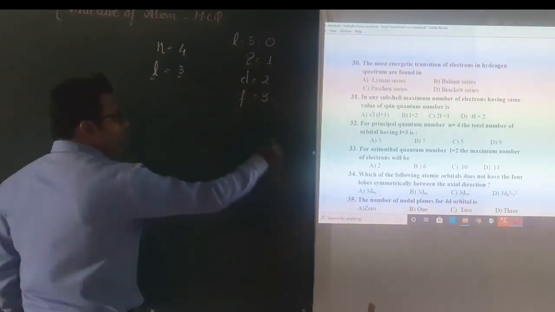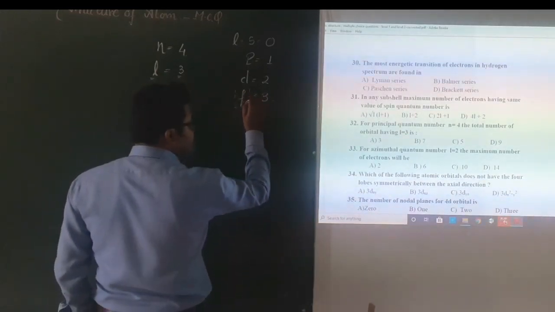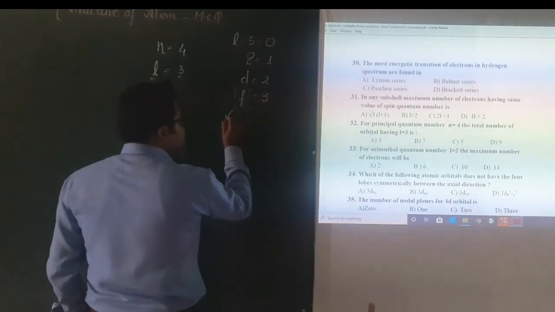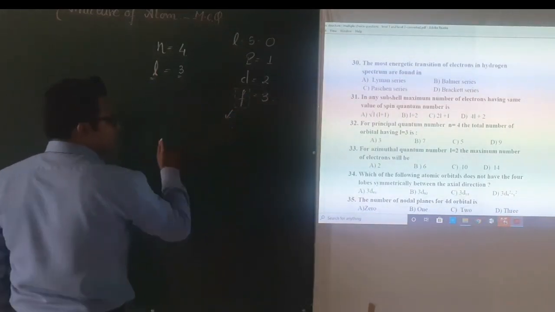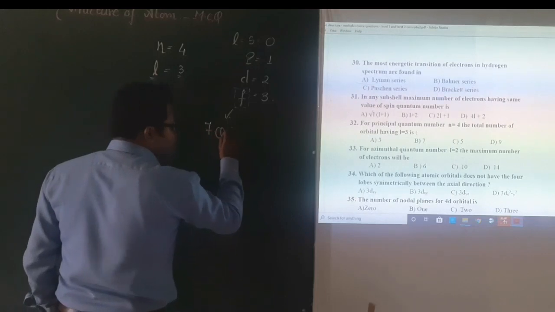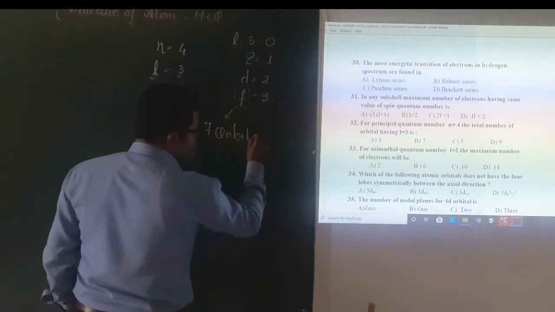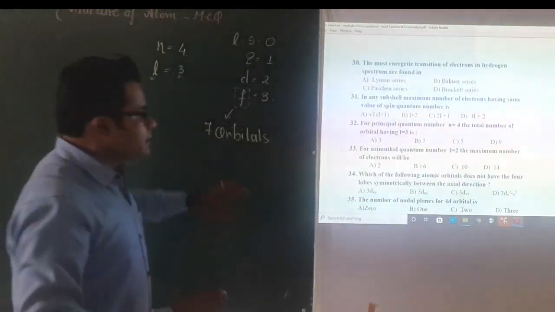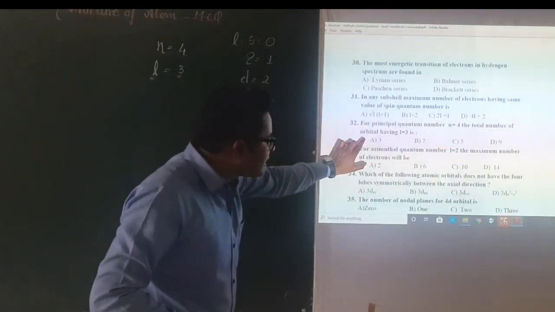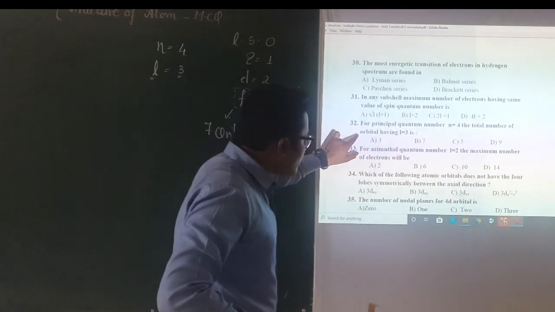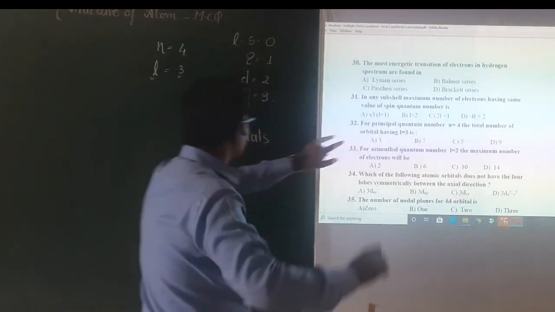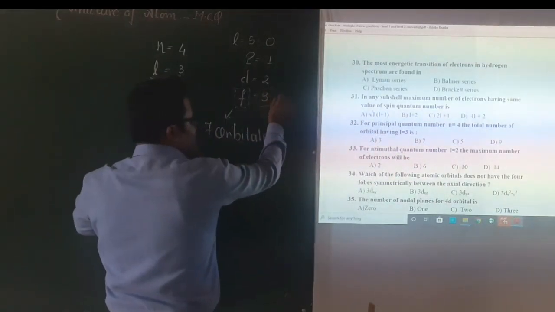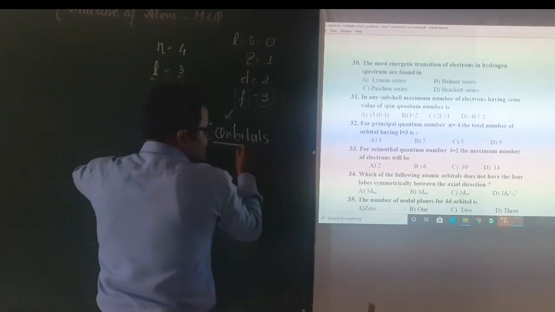The f subshell has 7 orbitals in it. So the total number of orbitals having l equal to 3 is 7.